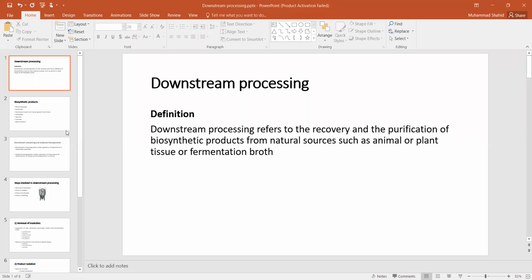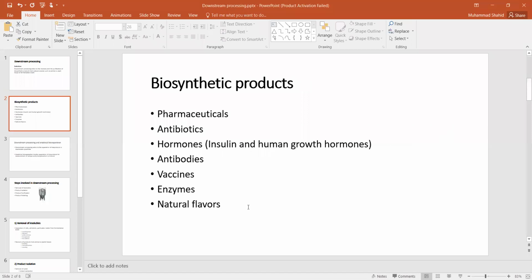And then, which biosynthetic products could we purify by using downstream processing? There are many very important industrial products that could be purified by using this process. Those products include pharmaceuticals, antibiotics, hormones like insulin or human growth hormones, antibodies, vaccines, enzymes, natural flavors.